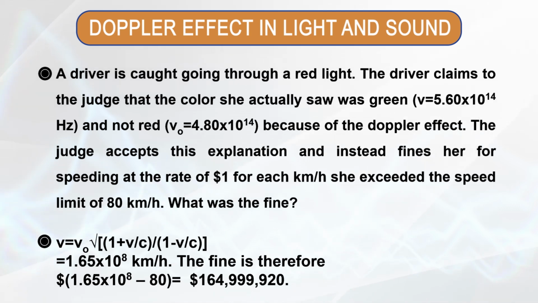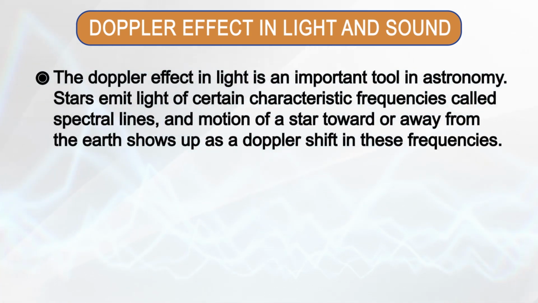So, now one important example is the expanding universe. One can say this is an example application of the Doppler effect also. The Doppler effect on light is an important tool in astronomy. Stars emit light of certain characteristic frequencies called spectral lines, and we know that all the characteristic properties of stars are calculated on the basis of the light coming from them.